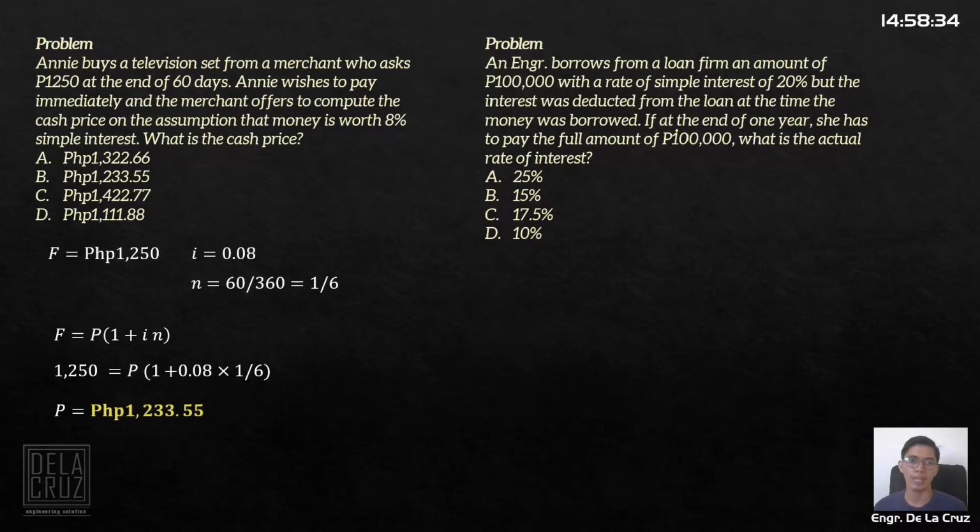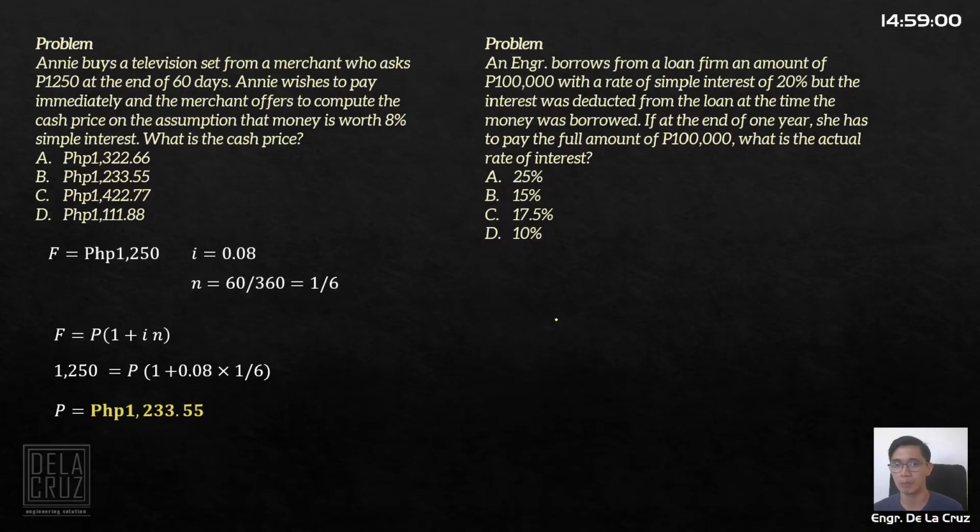If at the end of 1 year she has to pay the full amount of $100,000, what is the actual rate of interest? Okay, again, meron yung engineer nagborrow ng $100,000. Ito yung summary ng problem. Pero the time na binaro niya yung pera, nag-deduct na agad ng interest of 20%.